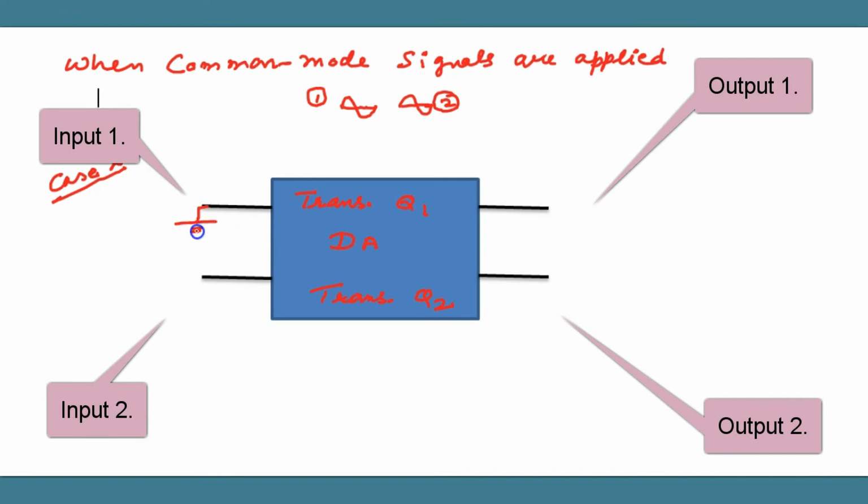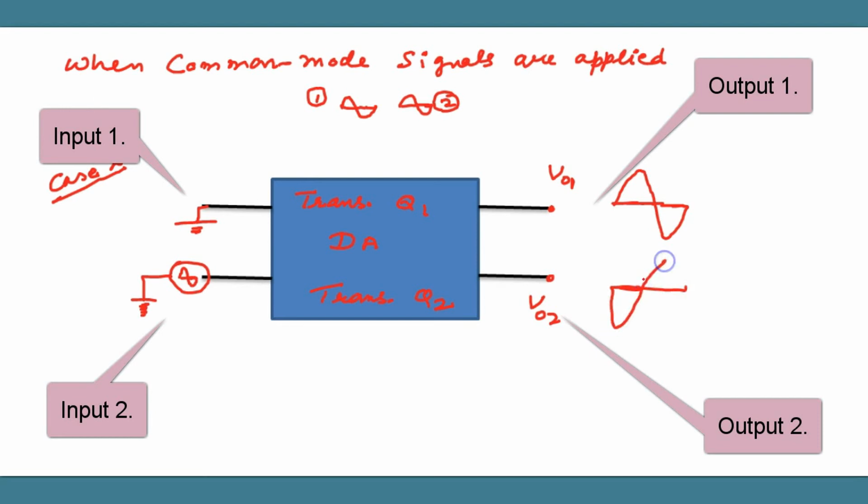Now let me consider the case number 2. The input number 1 is grounded and the input signal is applied to the input number 2. At Vout1, we will get a signal of the same shape and same phase as that of the V input number 2. And Vout2 will be exactly opposite to the phase of input number 2.